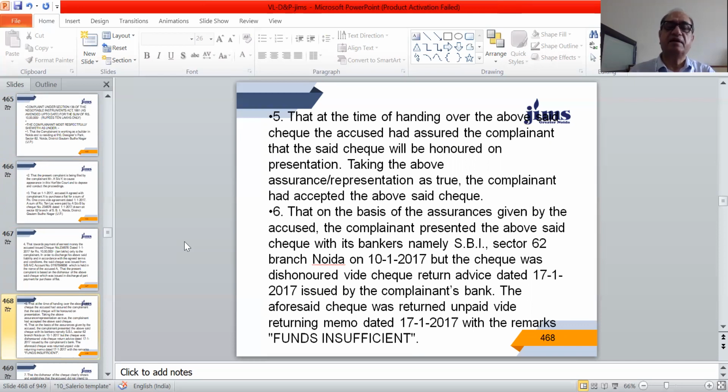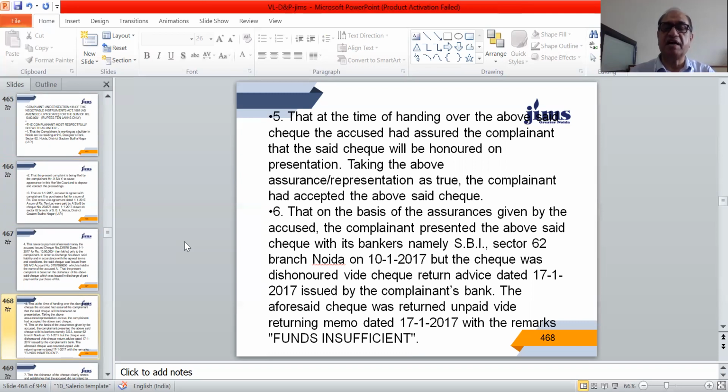Para 6. That on the basis of assurances given by the accused, the complainant presented the said check with his bankers, namely SBI Sector 62 branch, Noida, on 10th January 2017.